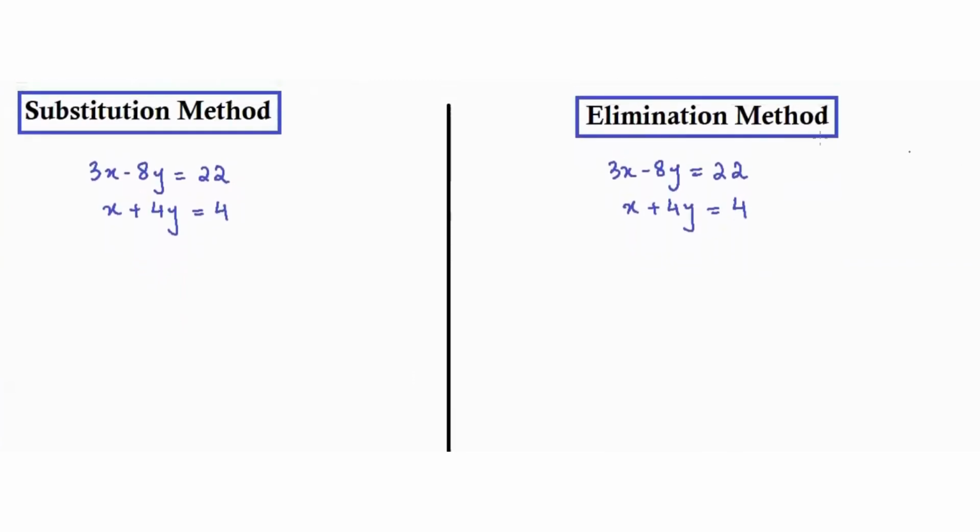So we have this set of simultaneous equations where the first equation is 3x minus 8y equals 22, and the second equation is x plus 4y equals 4. In the substitution method, we basically substitute a variable in one of the equations.